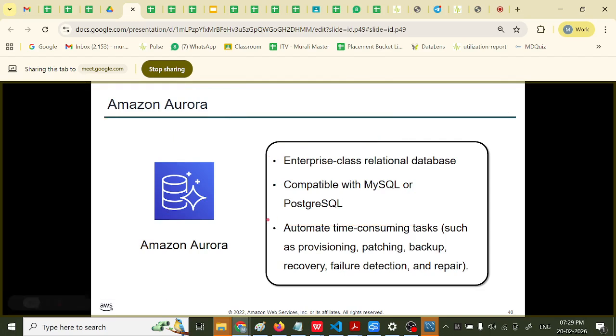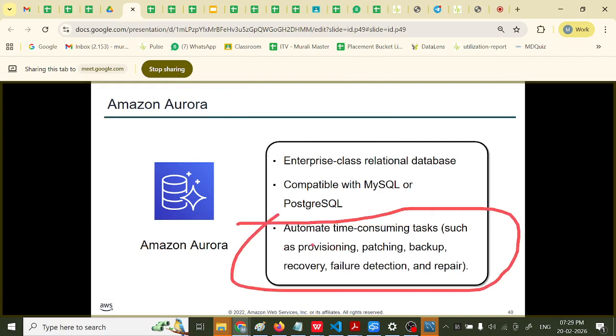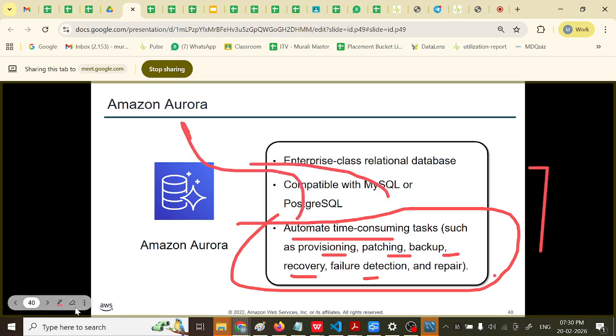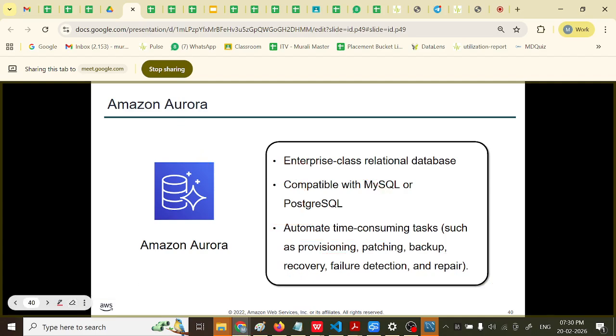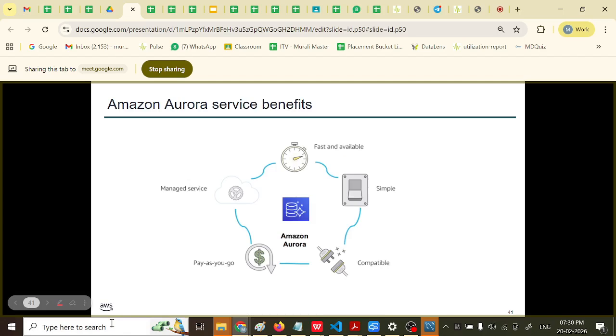Next, the main advantage is that it will automatically take care of time-consuming tasks such as provisioning, patching, backup, recovery, failure detection, and repair. Everything will be managed by Aurora itself. That's the main advantage. Mainly, it is fast and available.